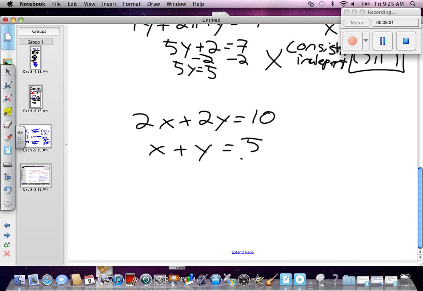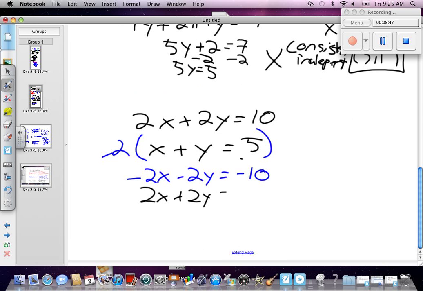Multiply by what? What kind of 2? Negative 2. Multiply this bottom one by negative 2. Negative 2x minus 2y equals negative 10. Then I'm going to rewrite the other one right under it. Uh-oh. When I add these straight down, I get 0 equals 0. What does that mean?